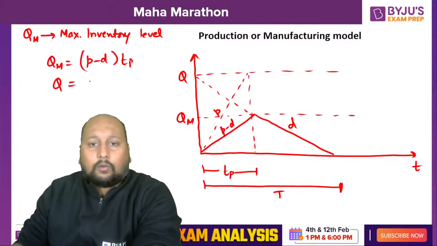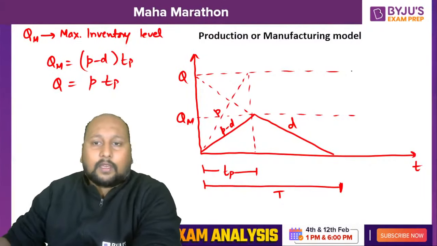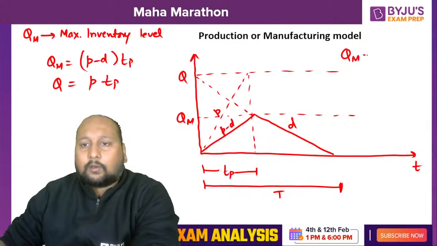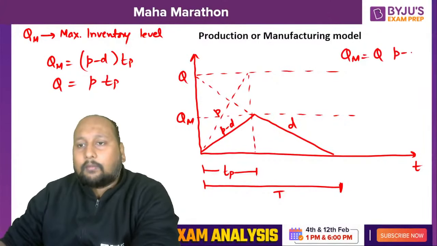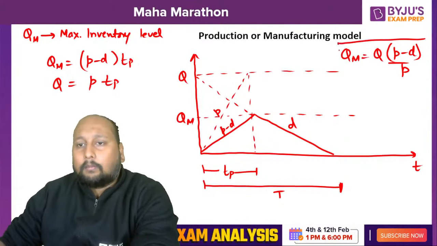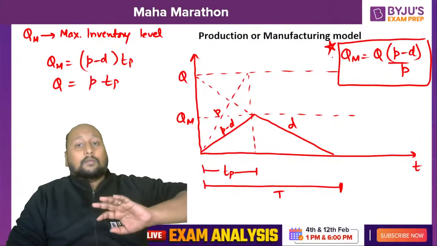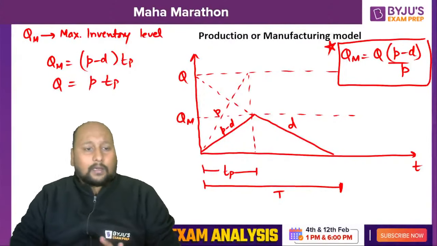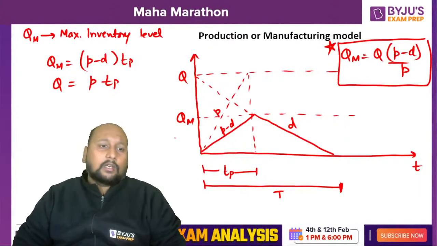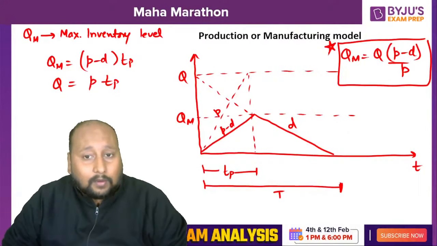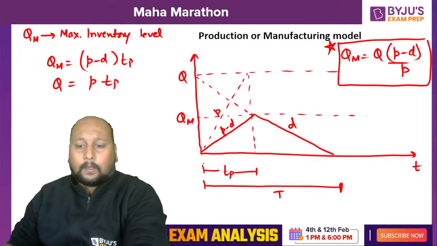Q is equal to P into TP. By using this formulation, we can simply say QM is equal to Q into P minus D by P. Okay, many times in the questions they ask for the maximum inventory level. So you can use this formulation and calculate the maximum inventory level directly using this formula. Okay, fine.